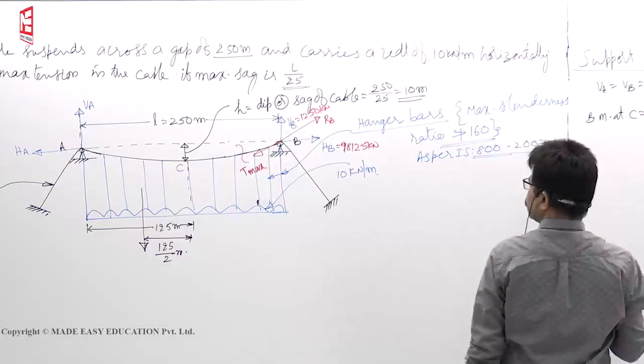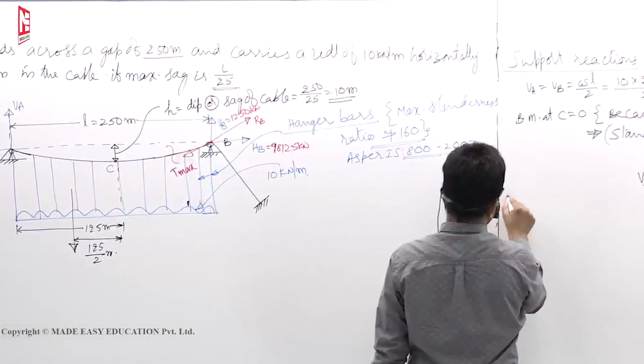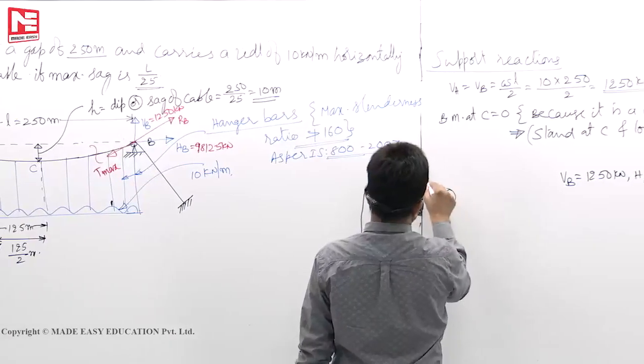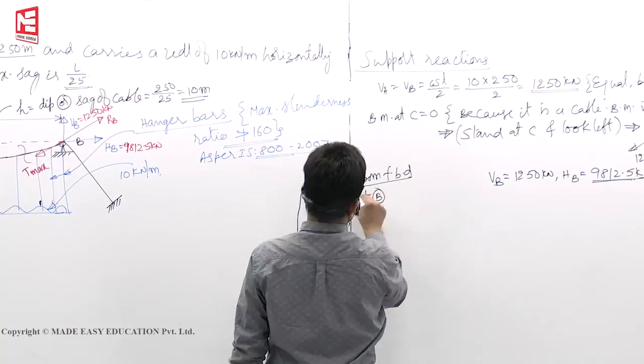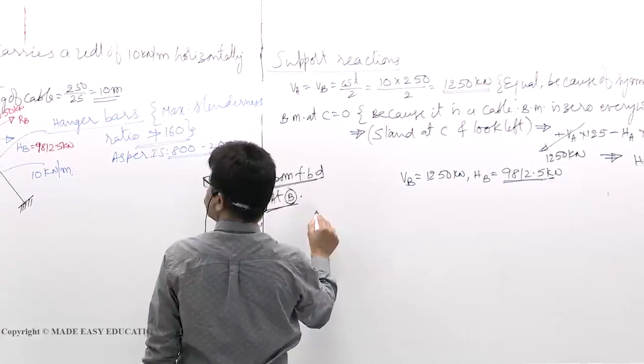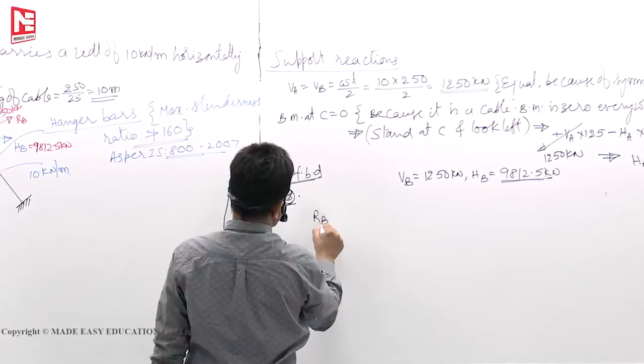So if I take that point, that free body diagram at B, it will tell you that RB is equal to T max.